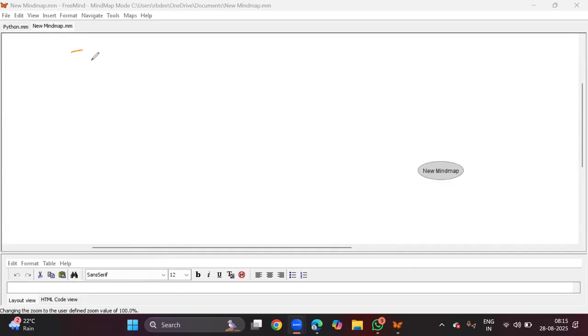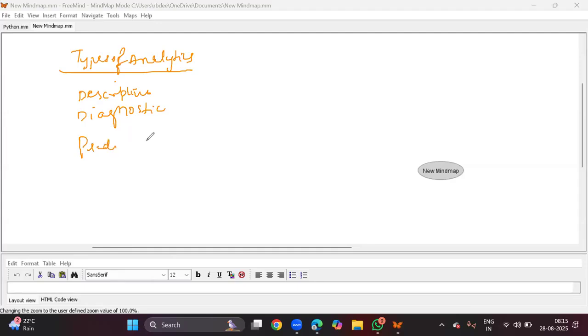We will have four types of analytics to be solved: descriptive, diagnostic, predictive, and prescriptive.